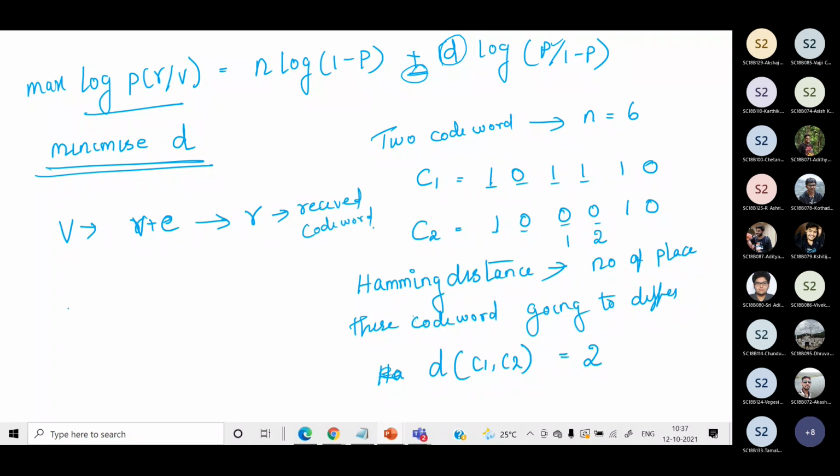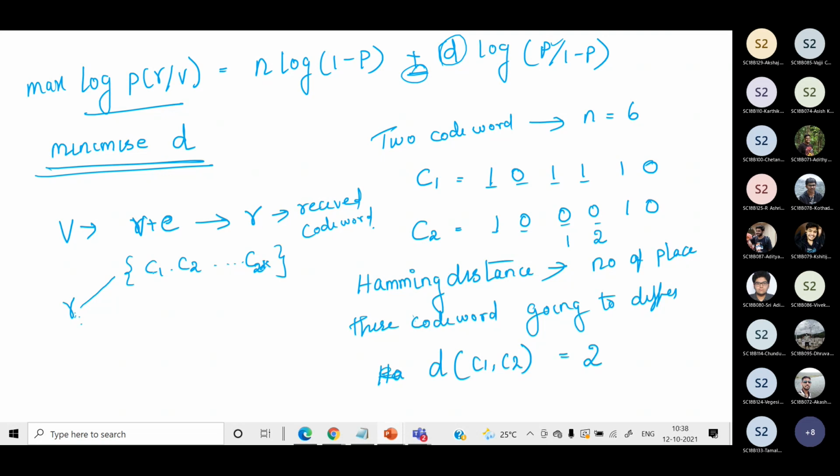So the decoder's function, once R is received, is to find out the Hamming distance between R and the code words. For example, I have a set of code words C1, C2 up to C2 power k. Once R is received, it has to find out the Hamming distance between R and C1, R and C2, up to R and C2 power k.